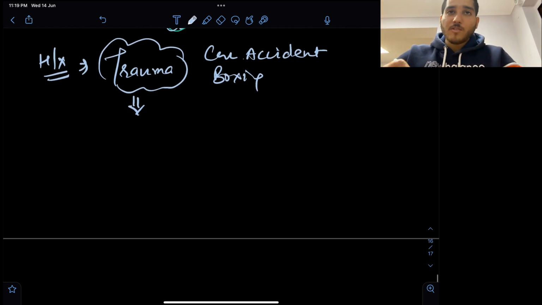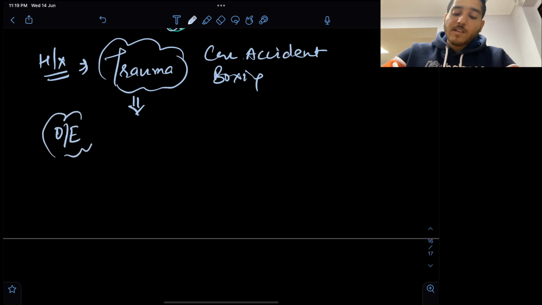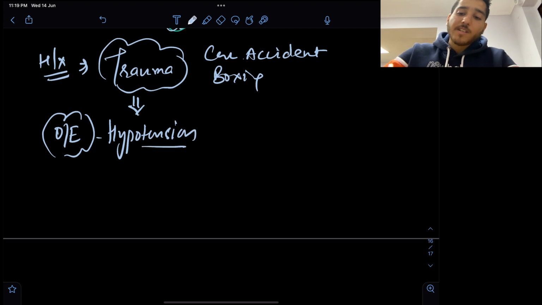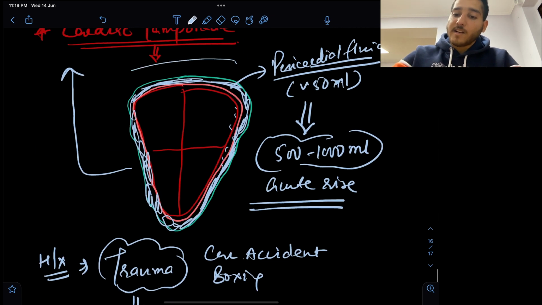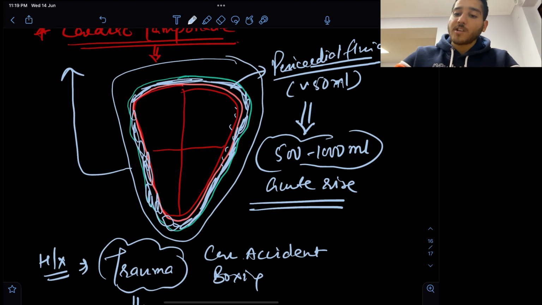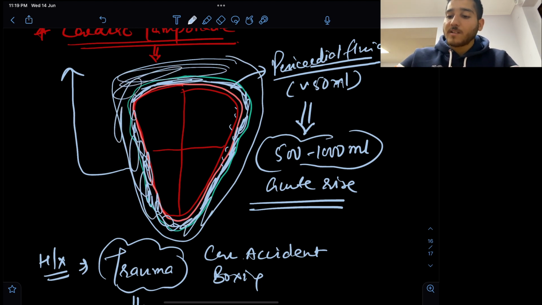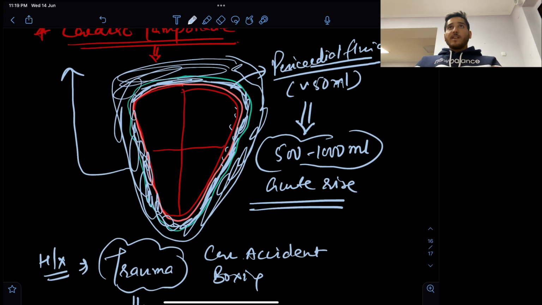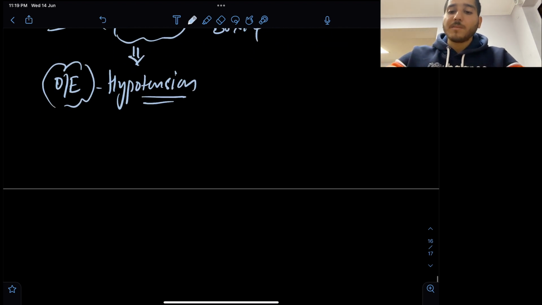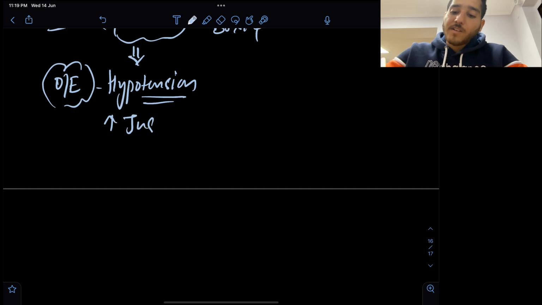Then on objective examination the patient will have hypotension. If there is fluid accumulation around the heart, in cardiac tamponade there will be massive fluid accumulation around the heart. Now it will become very hard for the heart to keep pumping and give a normal amount of cardiac output. It will be very hard for the heart. Okay, so on objective examination we can find hypotension. There can be raised jugular venous pressure.